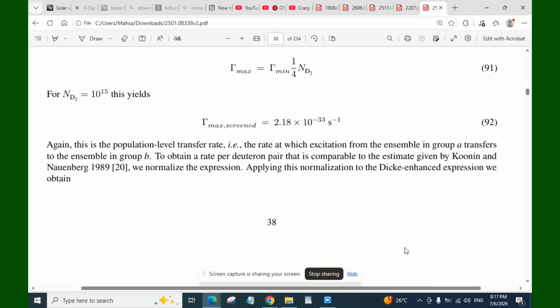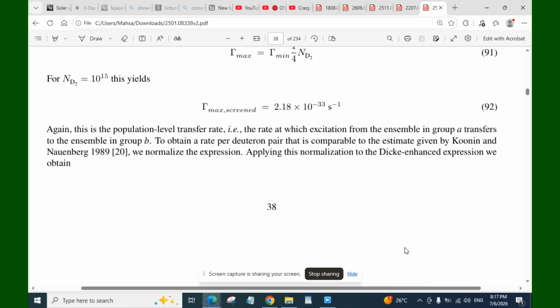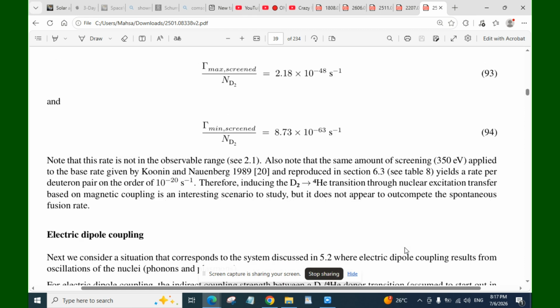Applying this normalization to decay enhanced expressions, we obtain, for example, tau maximum screen divided by energy from deuterium equal to 2.18 multiplied by 10 to the power of minus 48 1 per second, and tau minimum screen divided by energy from deuterium equal to 8.73 multiplied by 10 to the power of minus 63 1 per second. Note that this rate is not the observable rate.